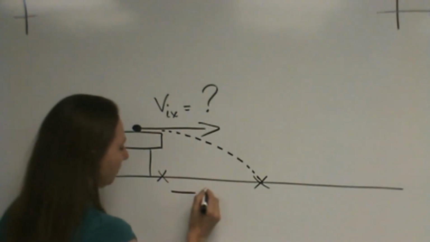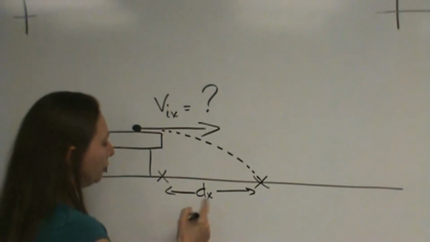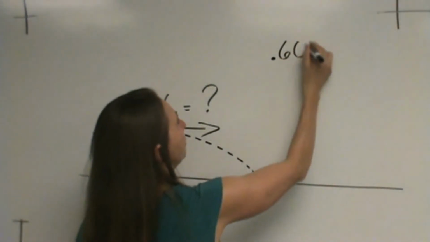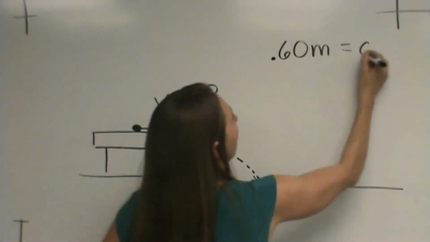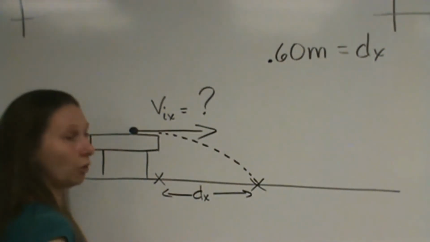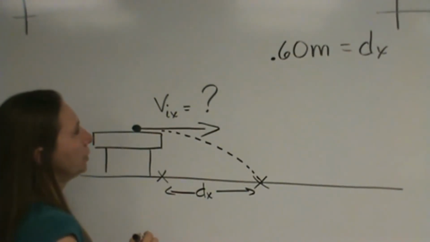All right, the range is 0.60 meters. The time to hit the ground is 0.30 seconds. All right, the time to hit the ground. The velocity of the marble, how fast it rolled off the edge of the table.